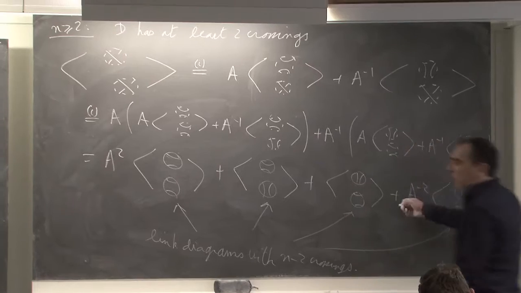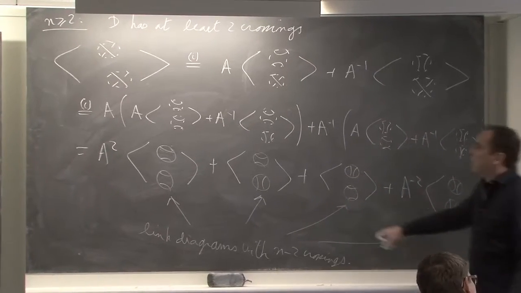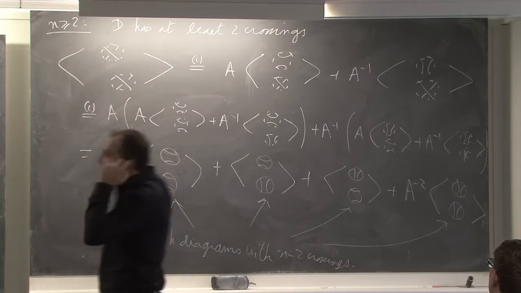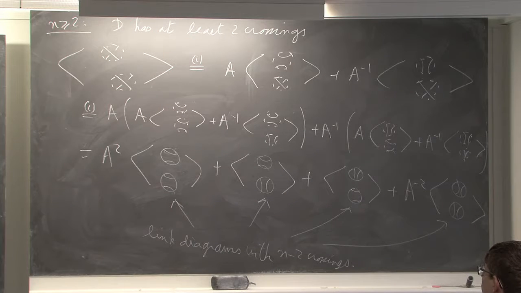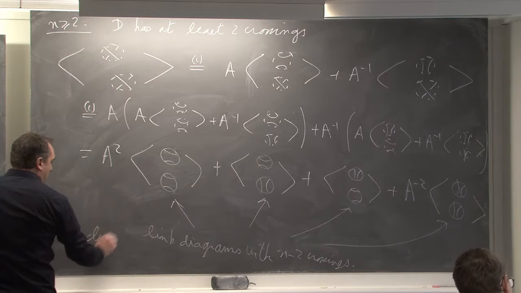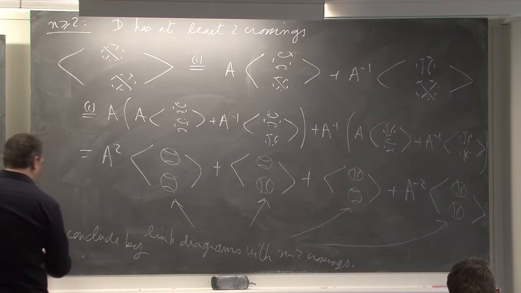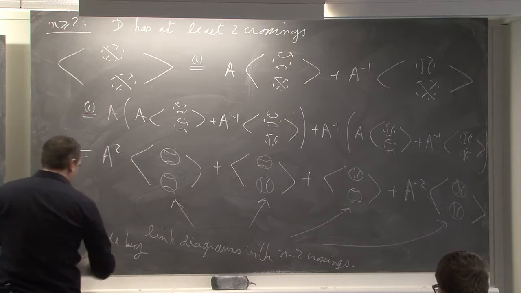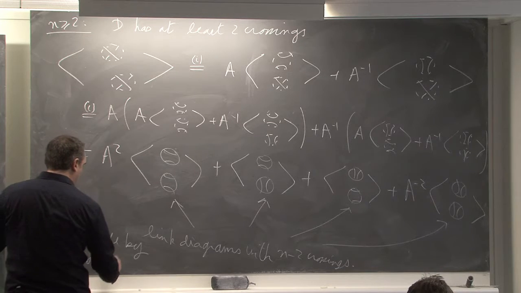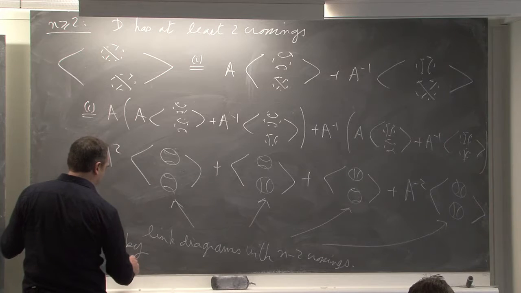So here we can make an induction. If they have 0 crossings, so a diagram with 2 crossings, it is indeed a Laurent polynomial in A square, and so on and so on. We conclude by induction on n.